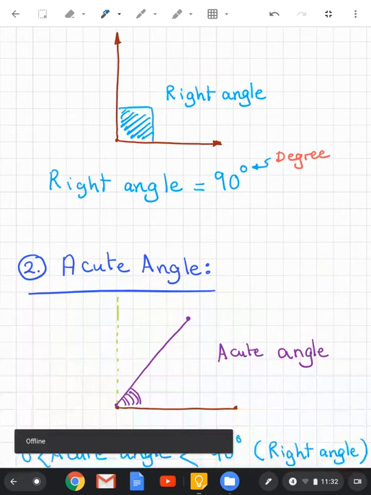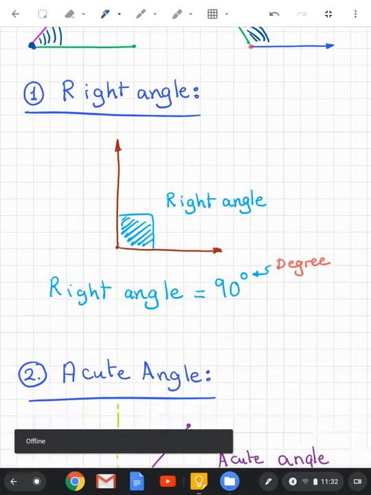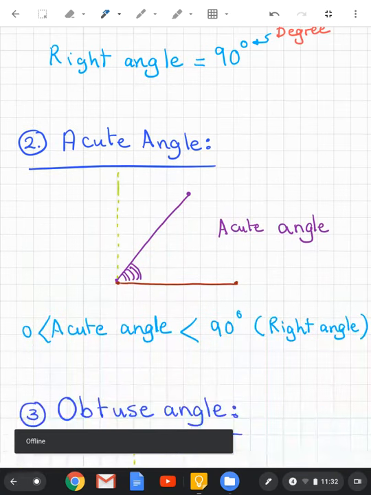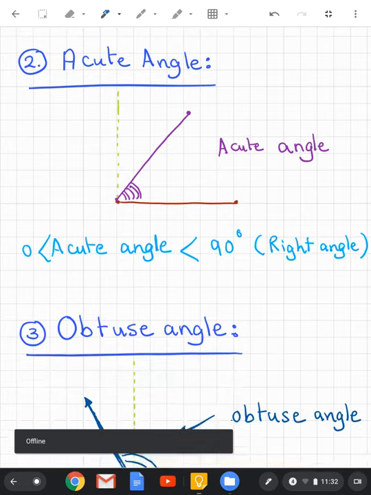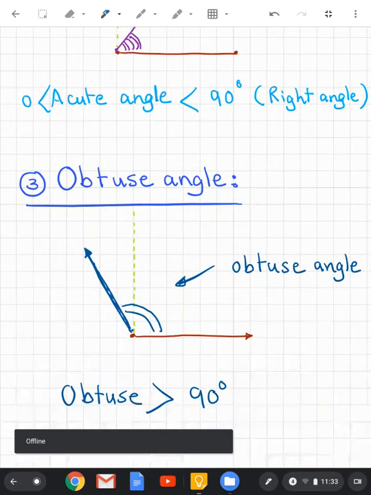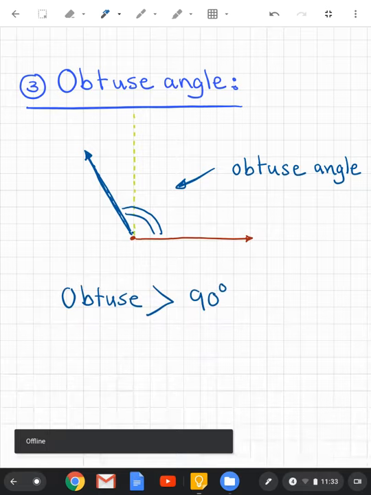The first one is the right angle, which is equal to 90 degrees, and we named it before the square corner. The second type is the acute angle, in which its measure is less than the right angle. And the third type is the obtuse angle, where its measure is more than 90 degrees.